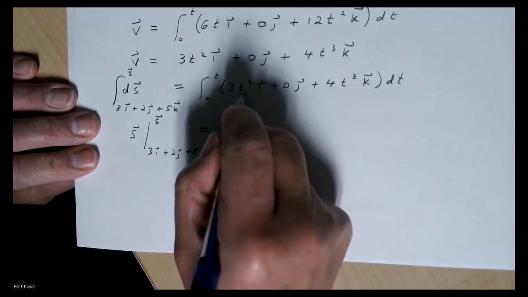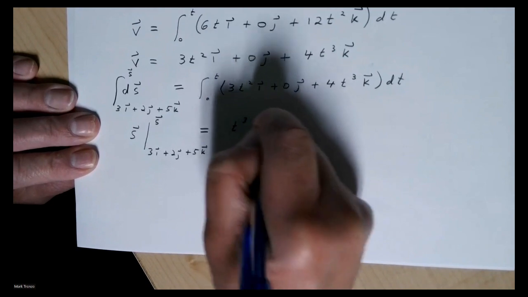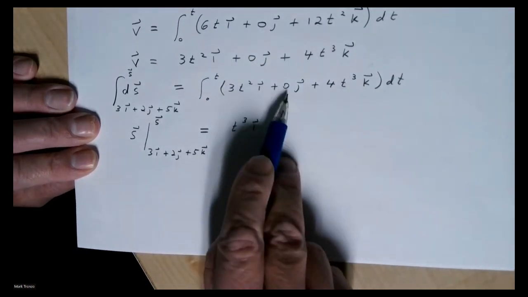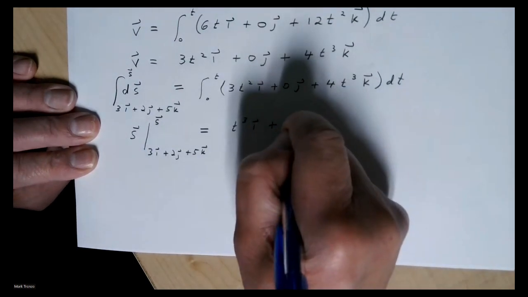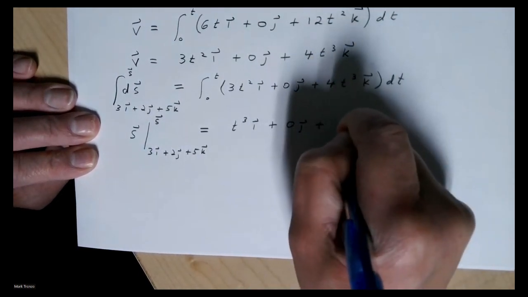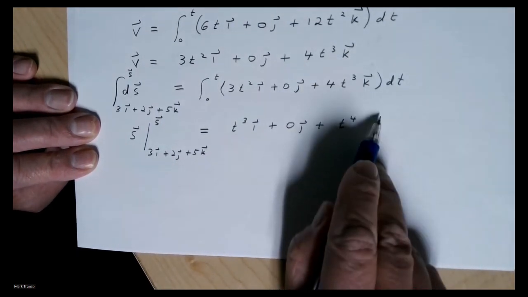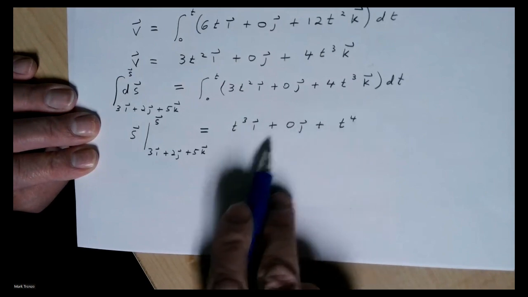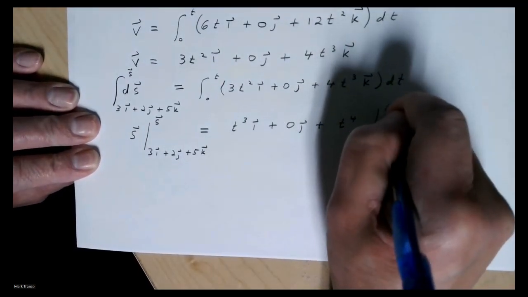Right-hand side, we'll integrate this, we'll get what? T cubed I. And once again, when we integrate 0 and we have bounds, that's just going to stay 0. Integrate this. This is T to the 4th. And again, it'll go from 0 to T, but when we plug it in, we'll still get this. Let me just show it just in case.